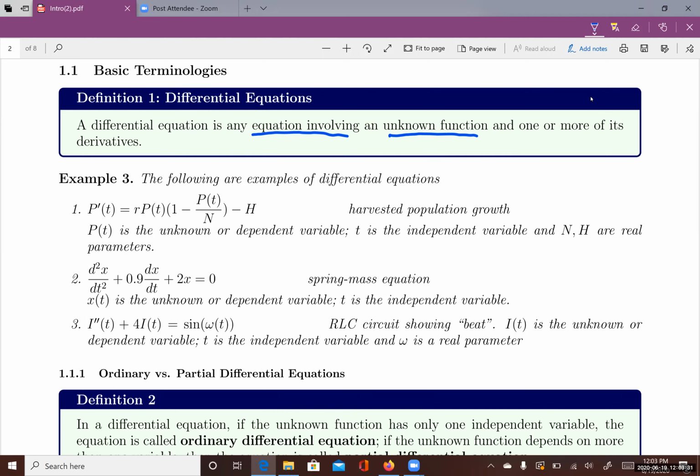The first equation is the harvest population growth. In this equation, you can see that P of t is the unknown or dependent variable, t is the independent variable, and N and H are constant parameters.